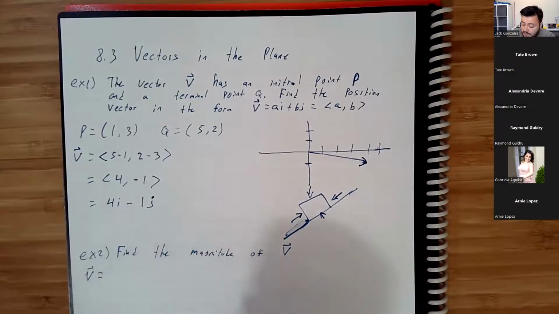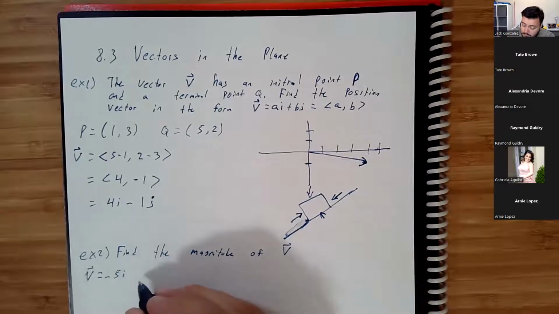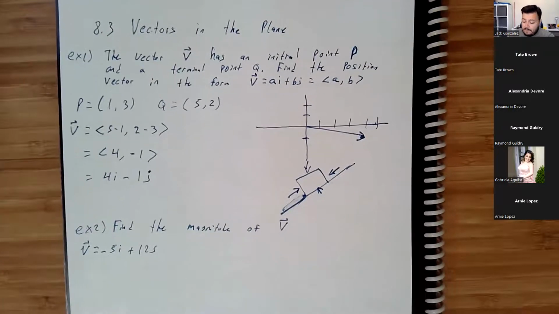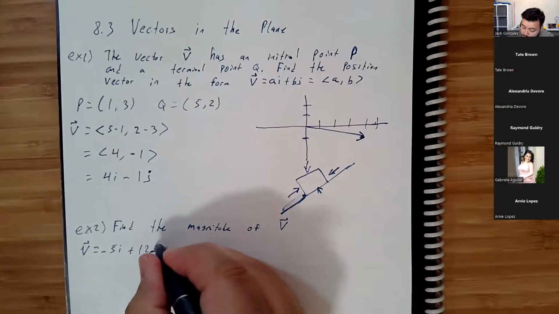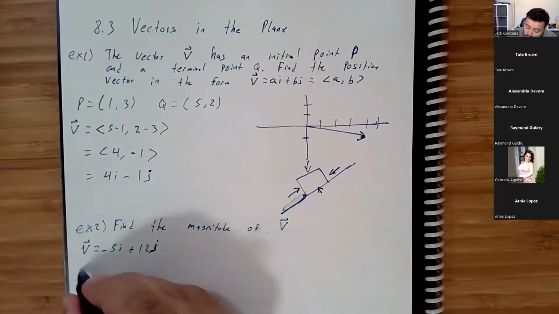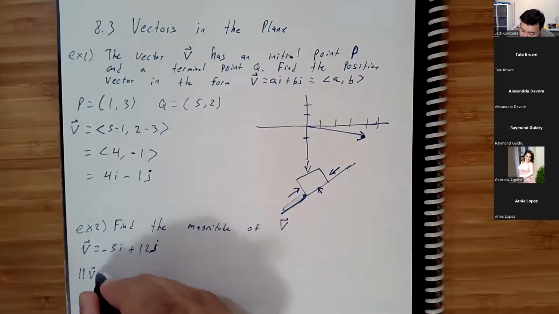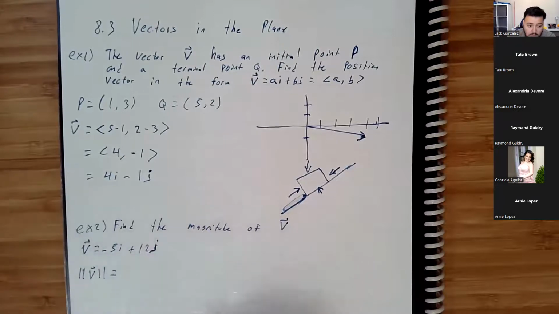Okay, so find the magnitude of V. V is equal to negative 5i plus 12j. That's the ugliest j ever. Okay, so the magnitude will be written this way. It's like 2 absolute value bars on your V. So that means magnitude.